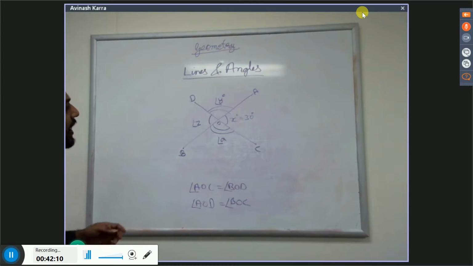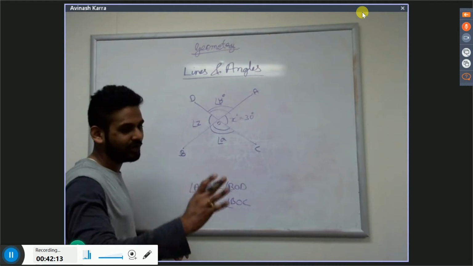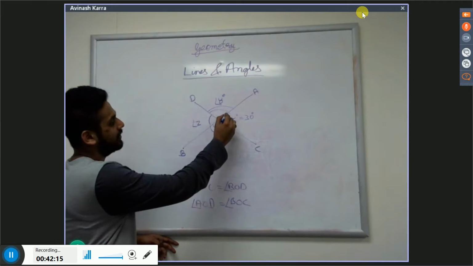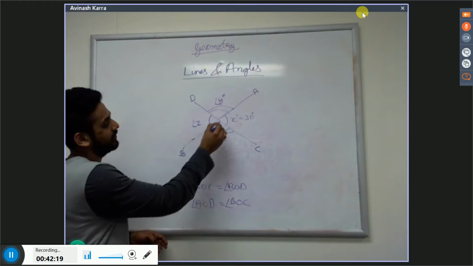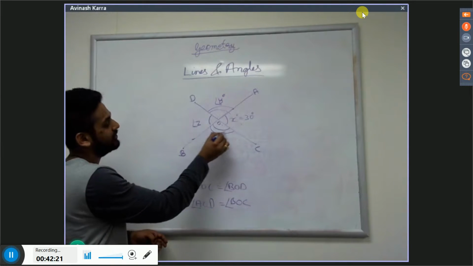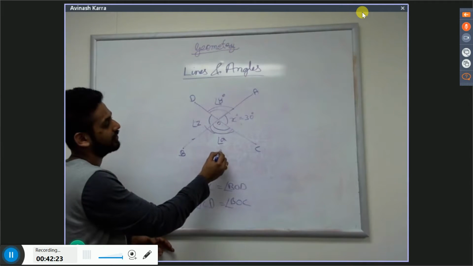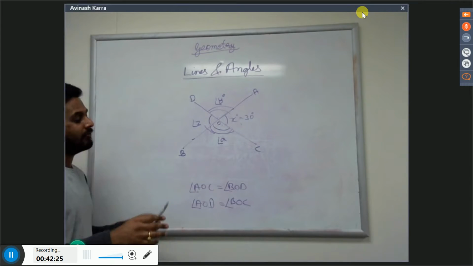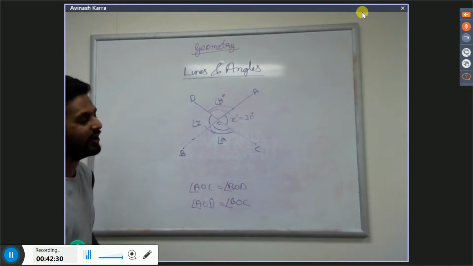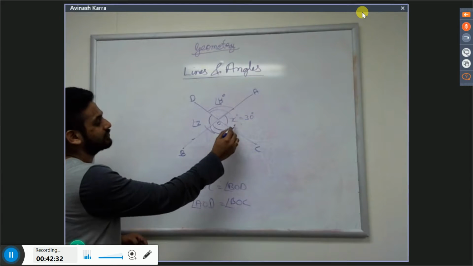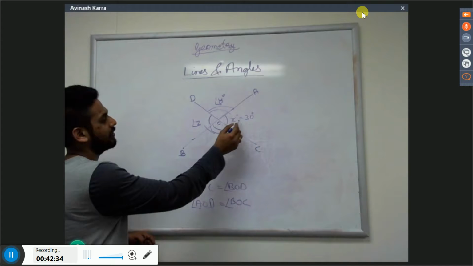Yeah, that's perfect. What you did is absolutely right. But see, this is 30, right? And it is a straight line. If it is 30, what will be this angle? For a faster approach, during the time of exam, you need to save your time, right? So use 180 degrees and then subtract 30.